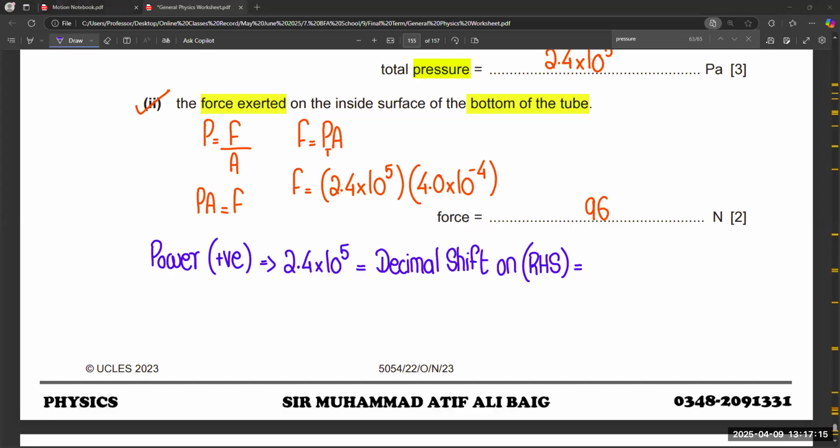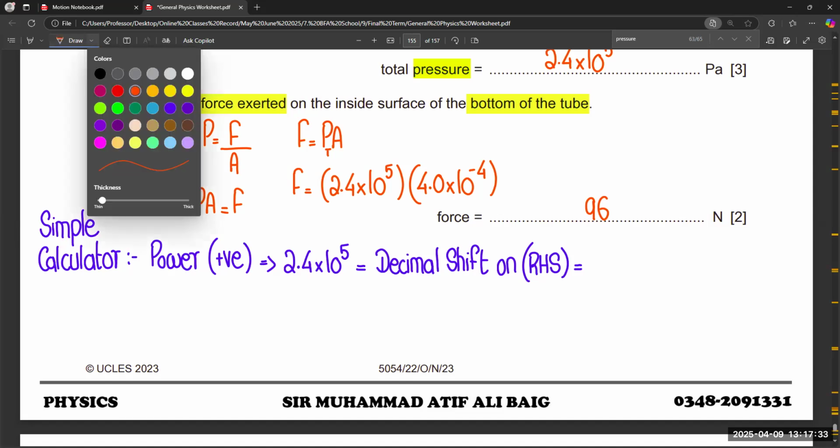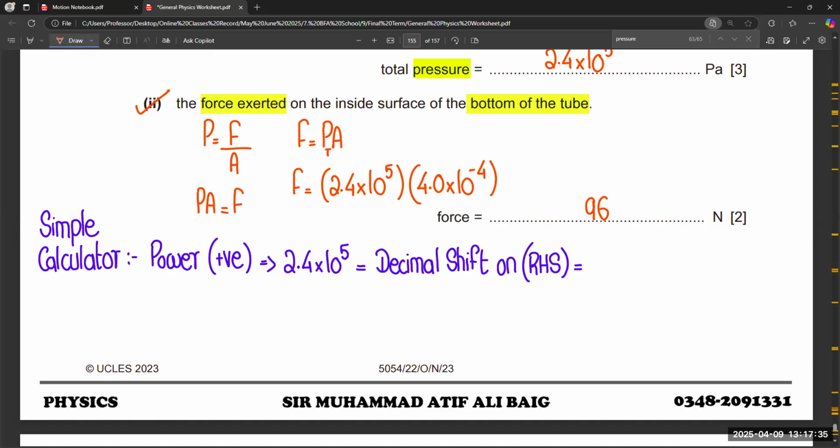So these are for a simple calculator. Let's suppose you have a positive power given in your value. You need to write that value in a simple calculator by shifting the decimal point to the right-hand side. We have power 5, so we have to shift the decimal point 5 times. Let's suppose we have 2.4.